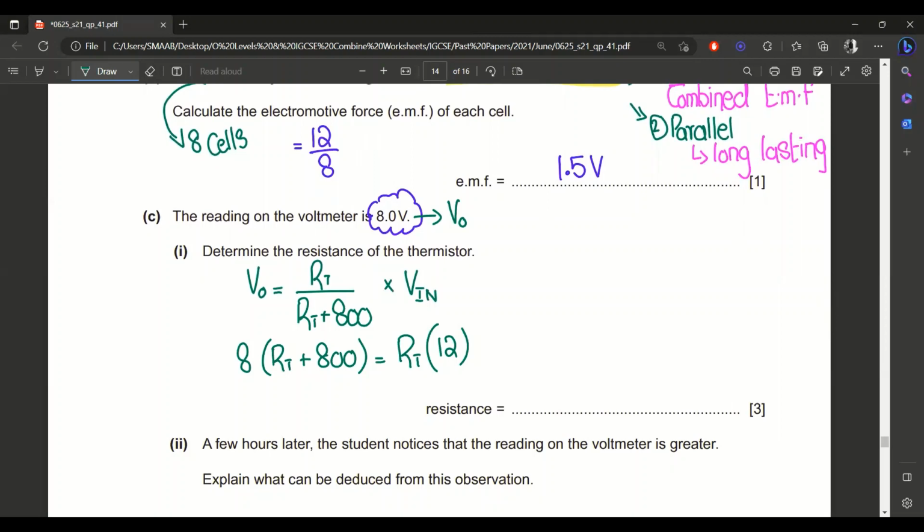So now multiply the values: 8 RT plus 8 times 800 is 6400, equals 12 RT. So 6400 equals 12 RT minus 8 RT, that will be equal to 4 RT.